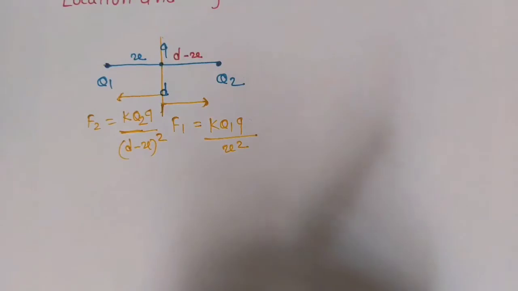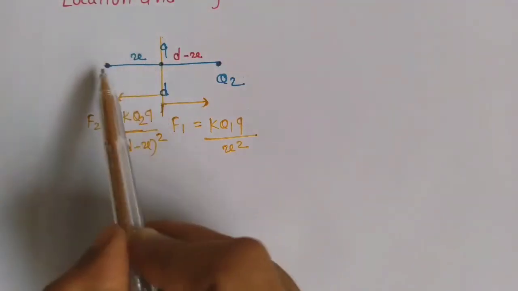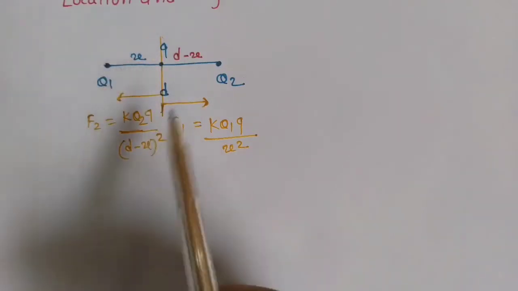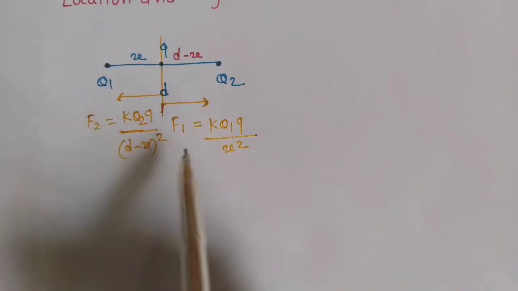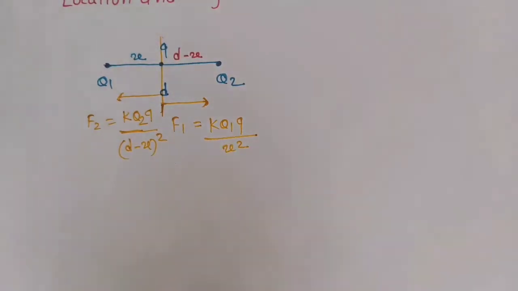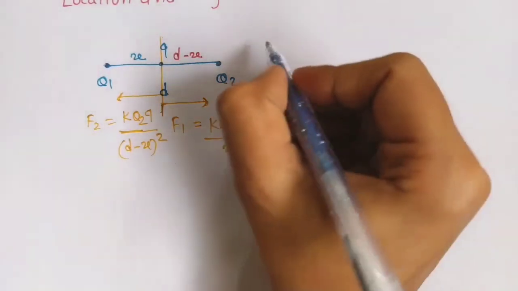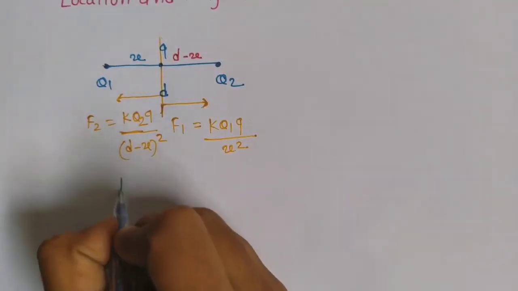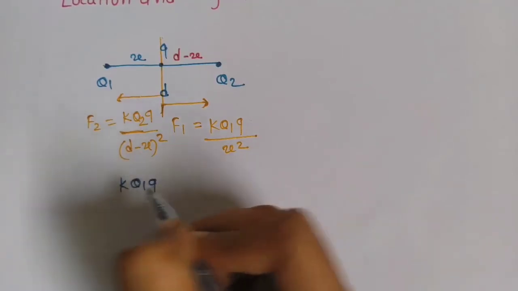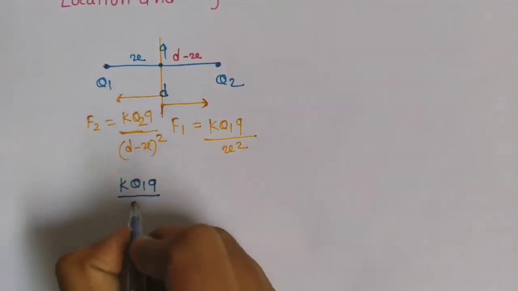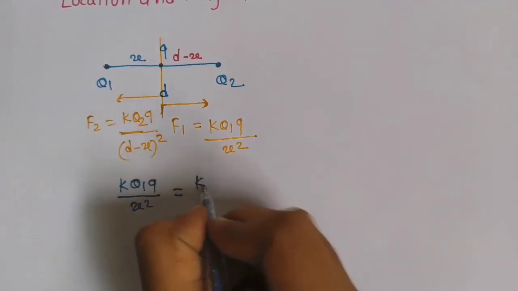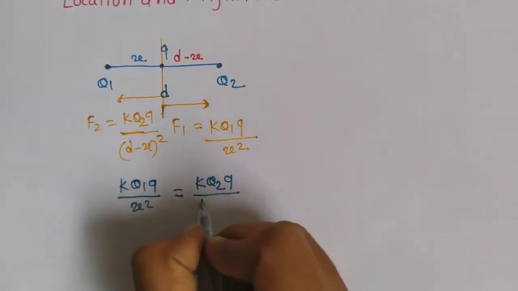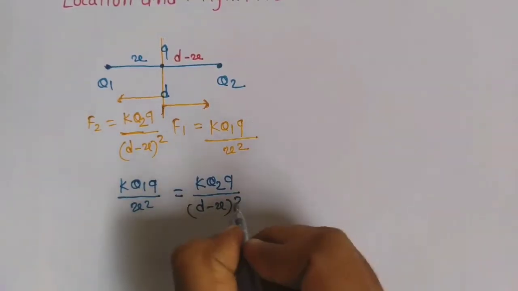Here we have to find the value of x, that means the location of the charge from charge Q1. So first we equate these two forces. We can write K Q1 Q upon x square is equal to K Q2 Q upon D minus x square.